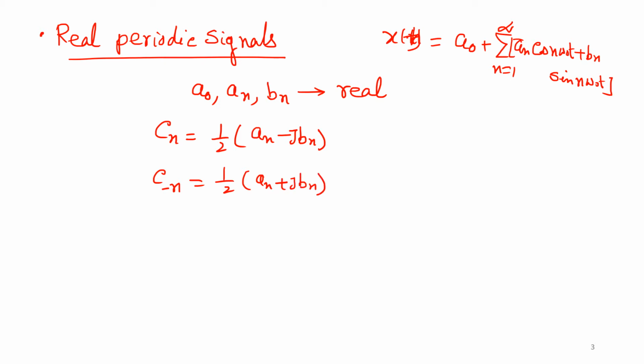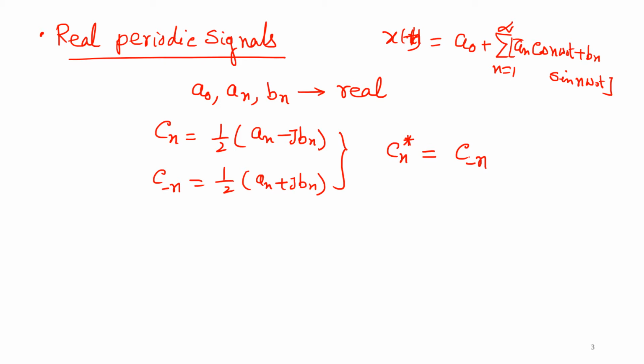Now if you look at these two, and if An and Bn are real, then obviously these two are complex conjugates of each other. Okay, so this implies that Cn, if I take the conjugate, Cn star is a conjugate of this one, then we will get the next one, meaning the negative one, C of minus n.